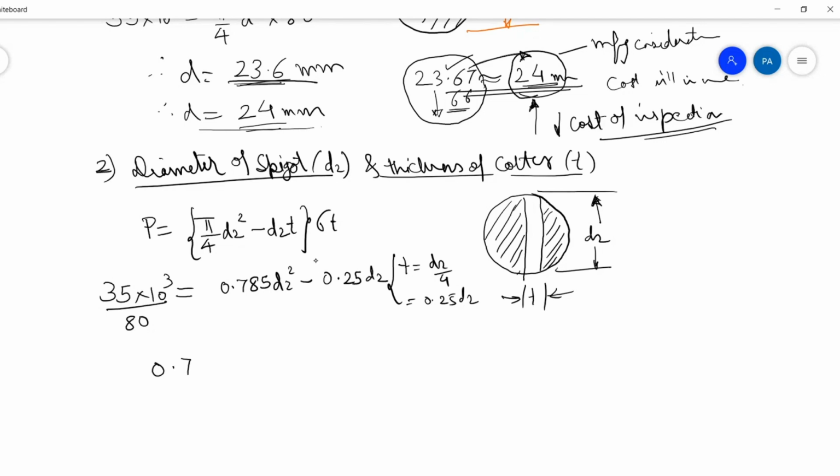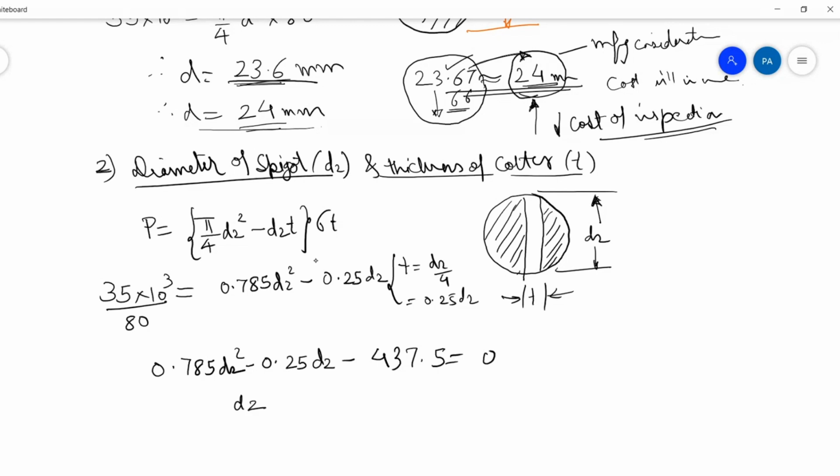It can be written as 0.785 D2 square minus 0.25 D2 minus, how much do we get this? 35 divided by 80, 437.5. 437.5 equal to 0. You can directly find this on calculator.